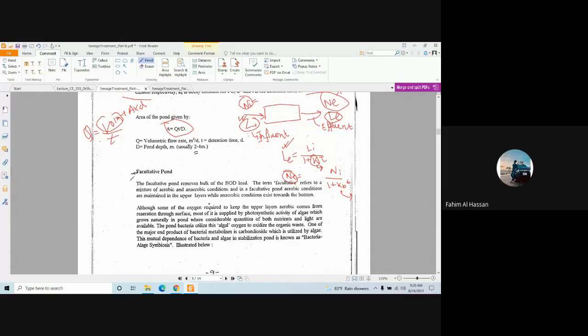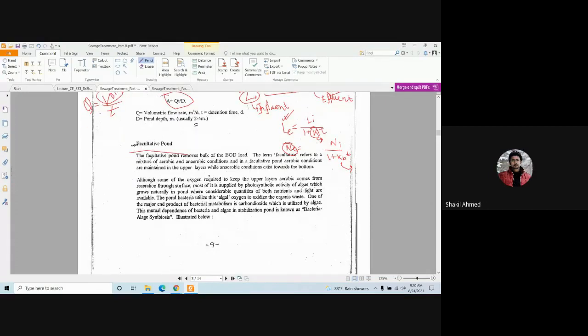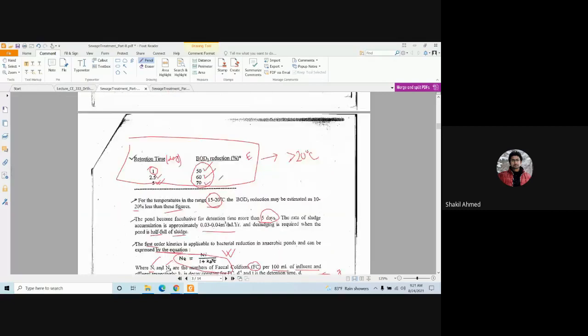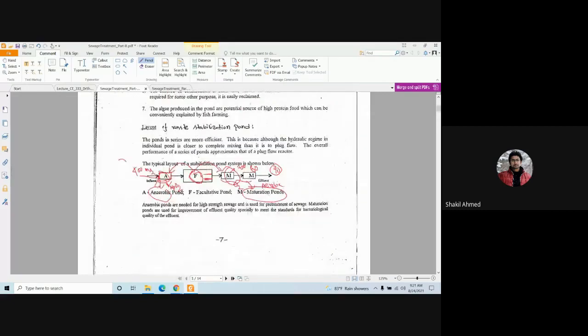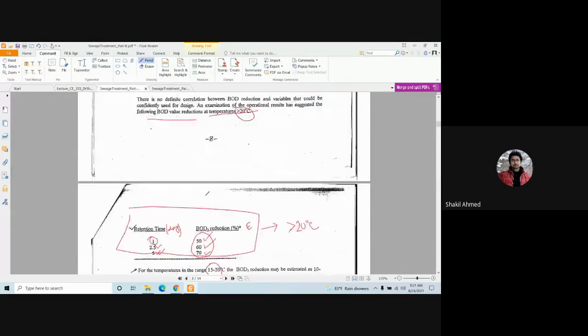Yes, sir. Facultative pond. The facultative pond removes the bulk of the BOD load. The term facultative refers to a mixture of aerobic and anaerobic conditions. As I told you, here both aerobic and anaerobic conditions exist.